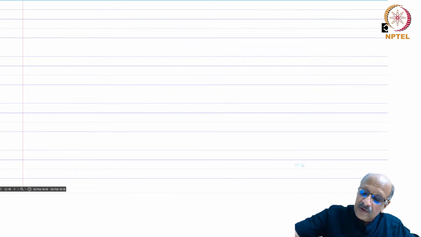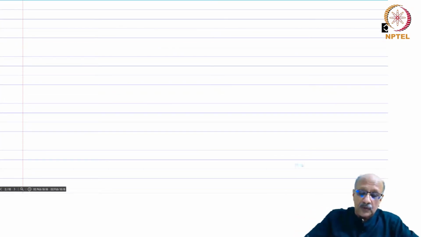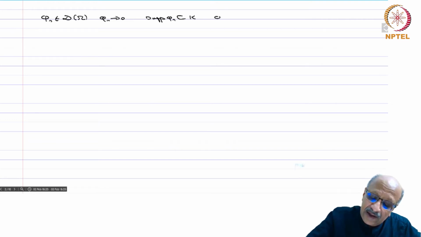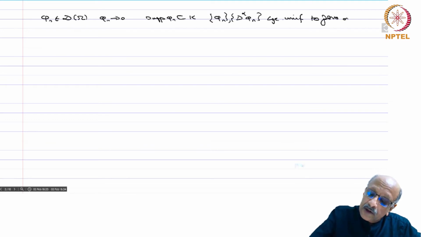In this notation, if we have phi n in D(omega), phi n goes to 0, that means the support of phi n is contained in a fixed compact set K, and then phi n and D alpha phi n, all these sequences, converge uniformly to 0 on K for every multi-index alpha.